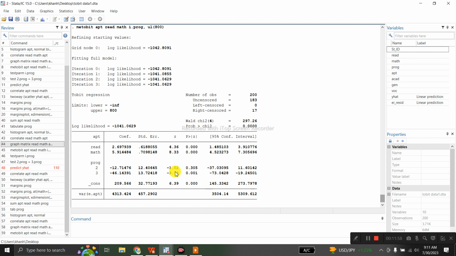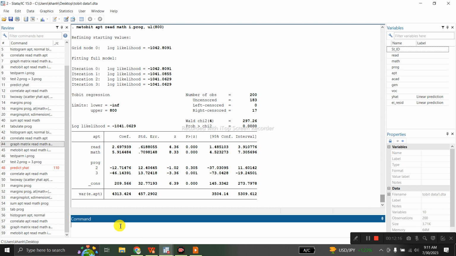These are the z values, and these are the z statistics. These are their confidence interval, and this is the variance of the residual. So after this, let me test some assumption.